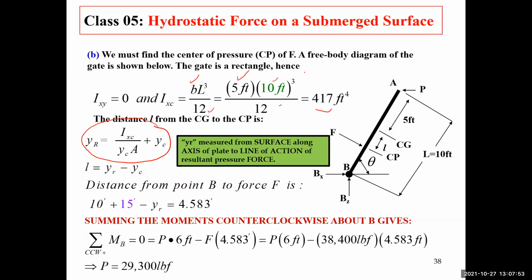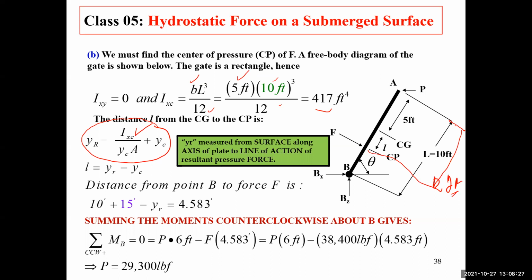I'm good there. So therefore, I have all the information I need to calculate the value of y sub r. And so that gives me all the information I need to find the location of my resultant force, y sub r.